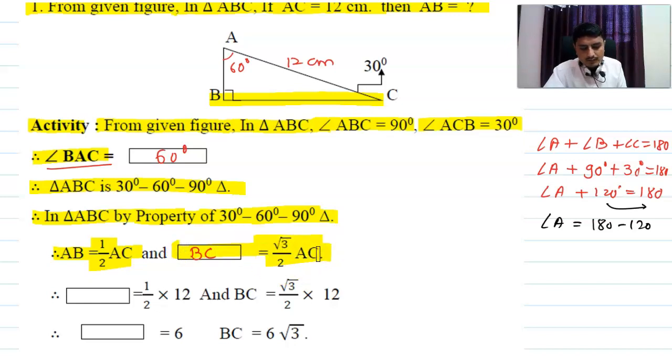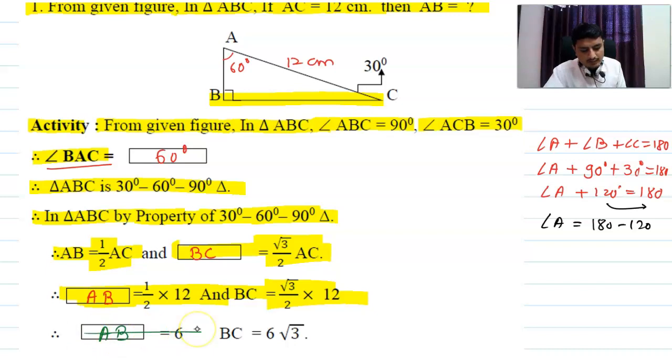So we are getting the value of AB equals half of AC, which is 12, and the value of BC equals root 3 by 2 times 12. Next, half of 12, half times 12, we are getting 6. Value of AB is now 6.